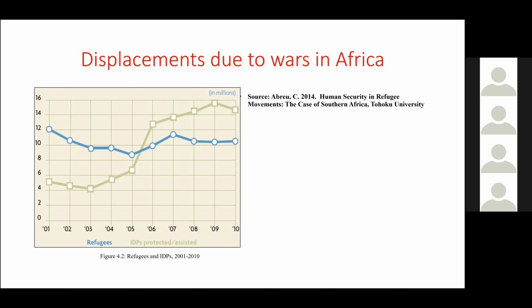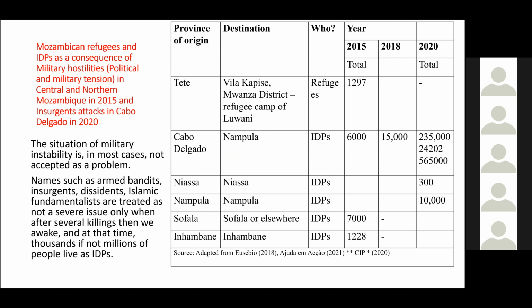So particularly, let me talk about Mozambique. Yes, in 2015, Mozambique started to be attacked by a group of people, and these names that they're giving to them are linked with the so-called terrorists like Al-Shabaab, but we're still not clear who is killing people in Mozambique.